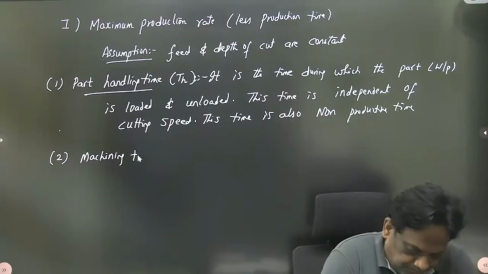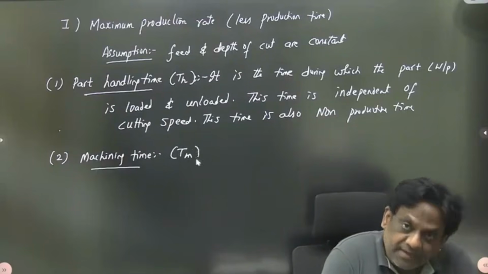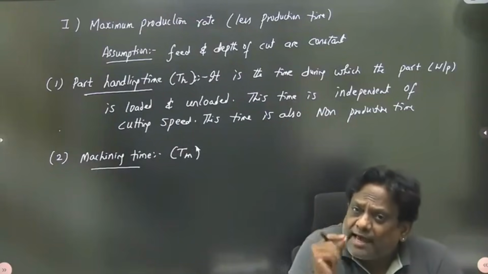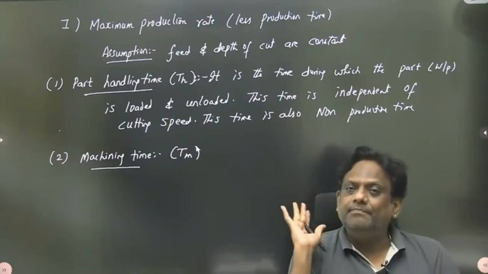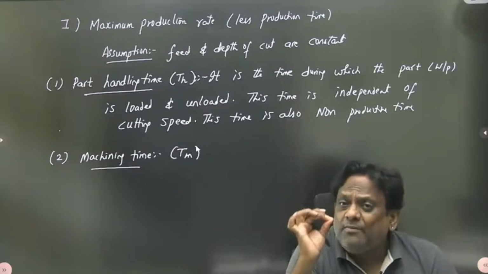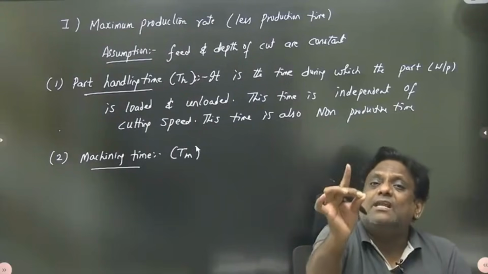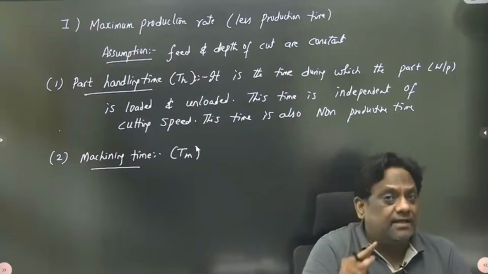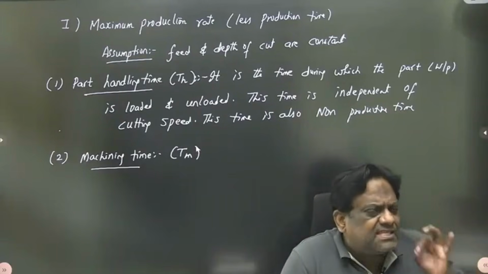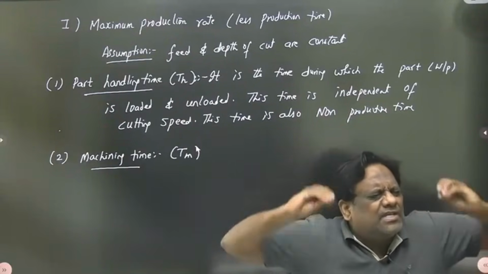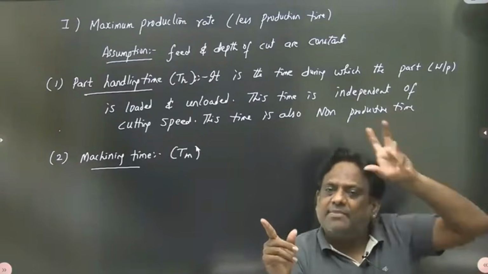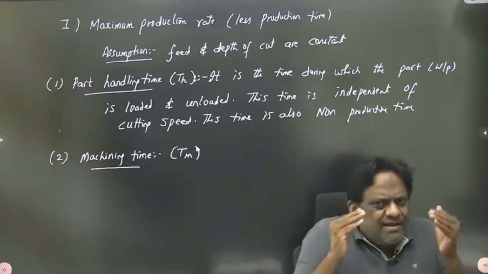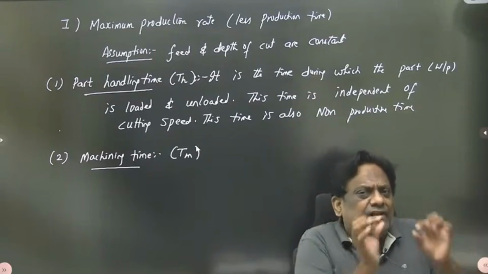Machining time. Let me designate this with TM. It is the actual time during which the workpiece is machined. It is the actual time for machining a single product. एक product के लिए ध्यान से सुनो. In this chapter, all calculations are based on a single piece. Generally, we calculate for a single piece.